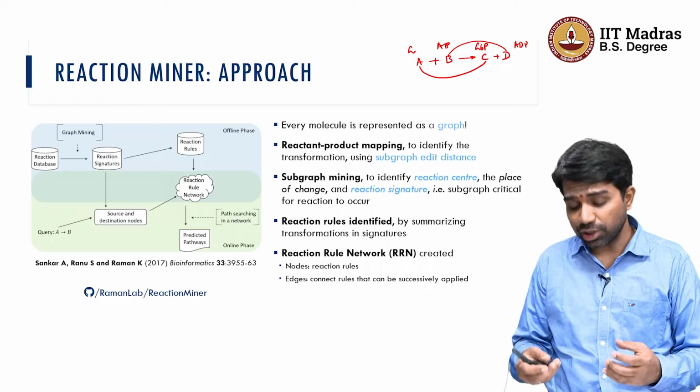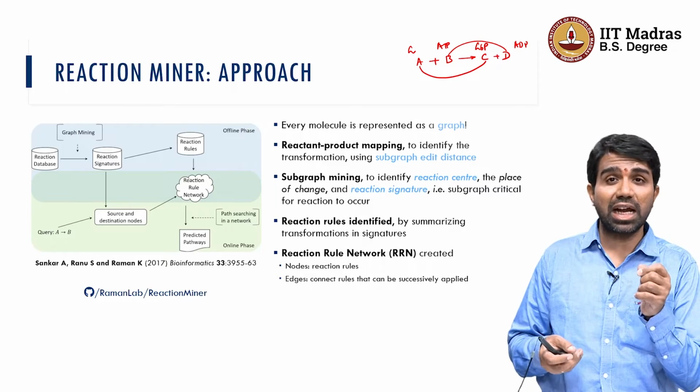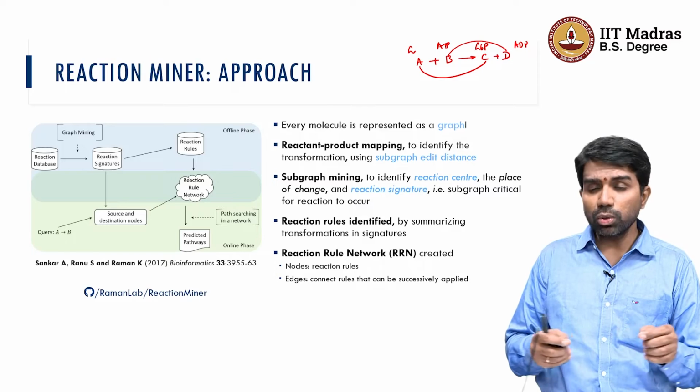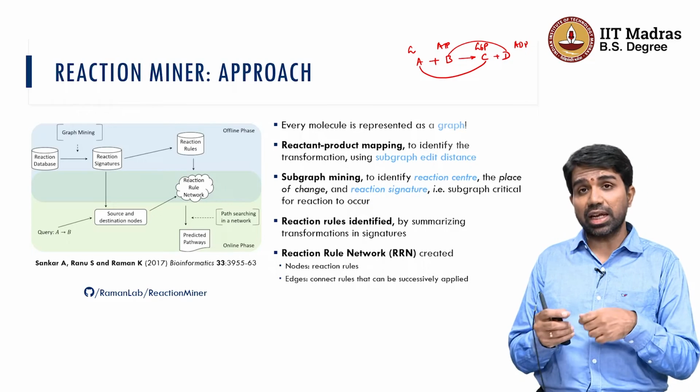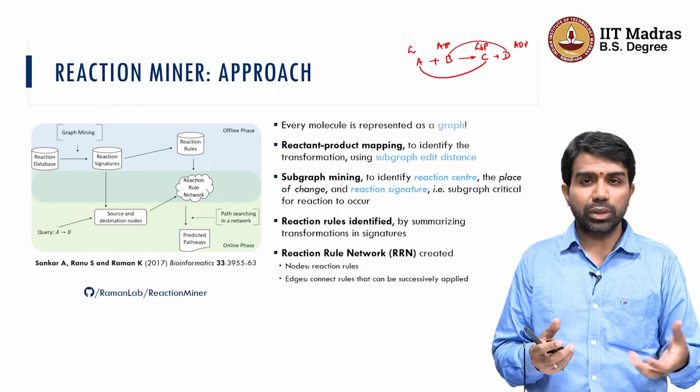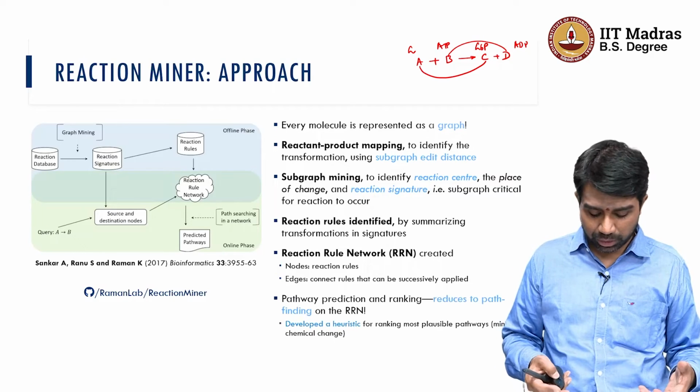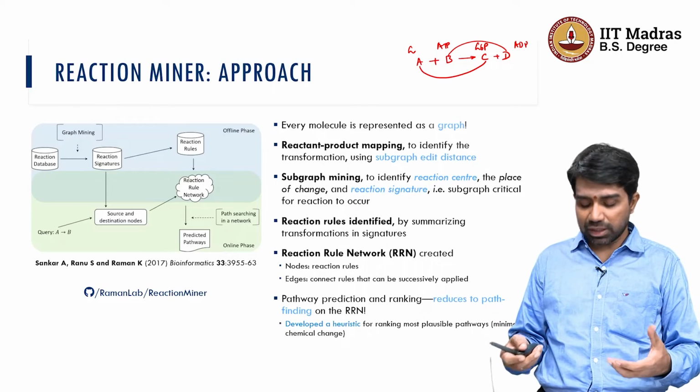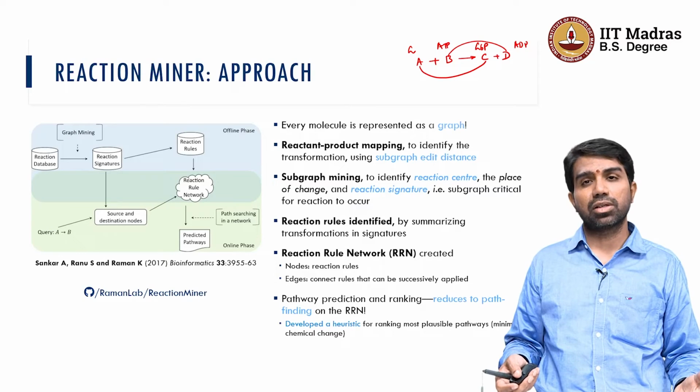So you now create a reaction rule network where every node is a reaction rule and an edge connects reaction rules that can be successively applied. So you can learn and generalize using this network, and pathway prediction simply becomes pathfinding on this reaction rule network.